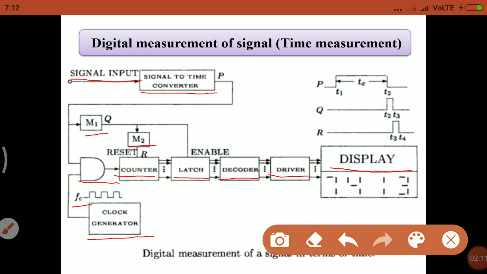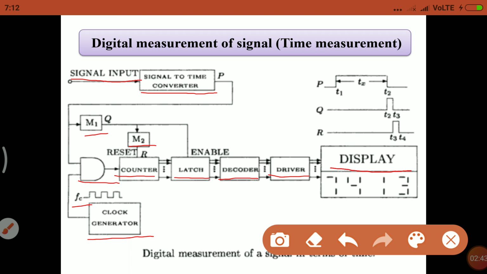Because the processing is done by using digital computers, and the language of a digital computer is binary coding, that is in the form of 0 and 1. So for processing purposes we require to convert all the analog signals into digital form.